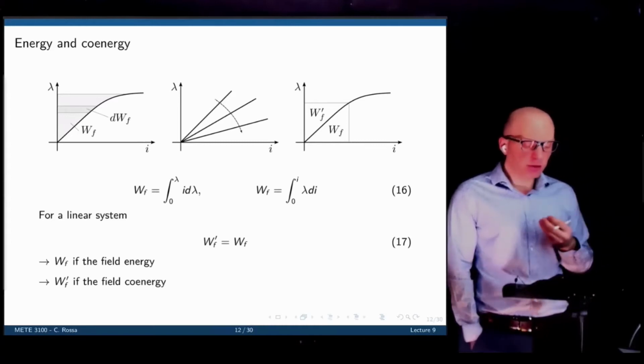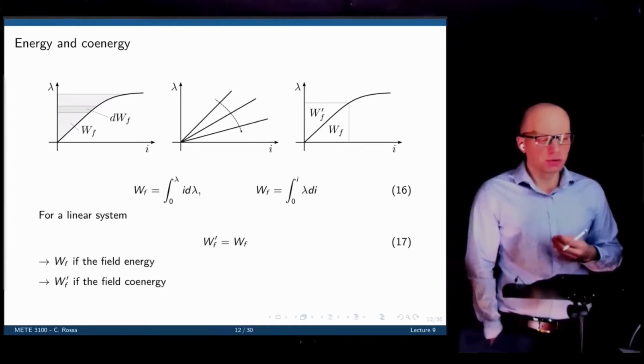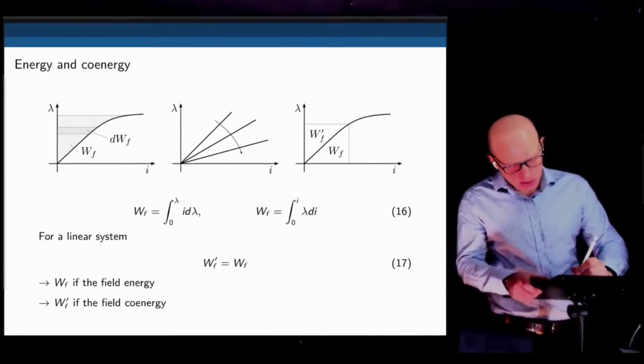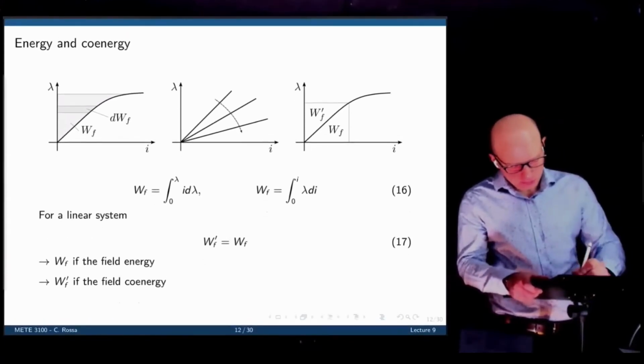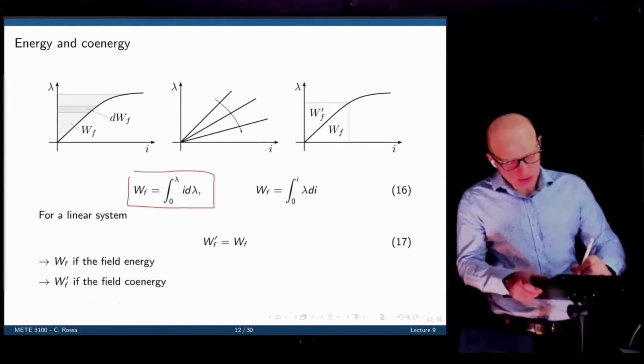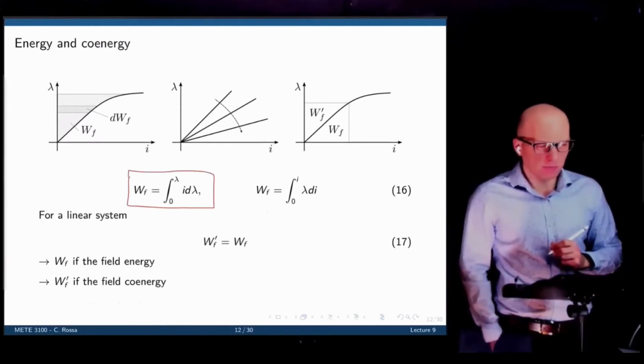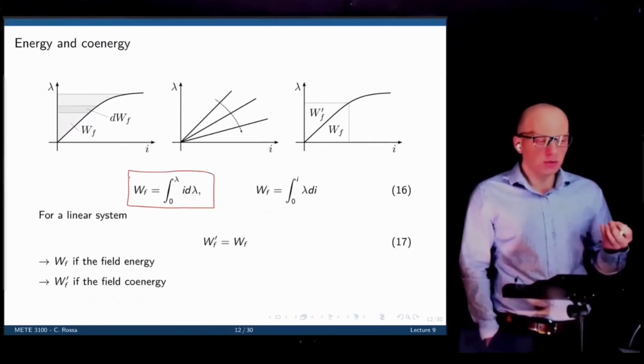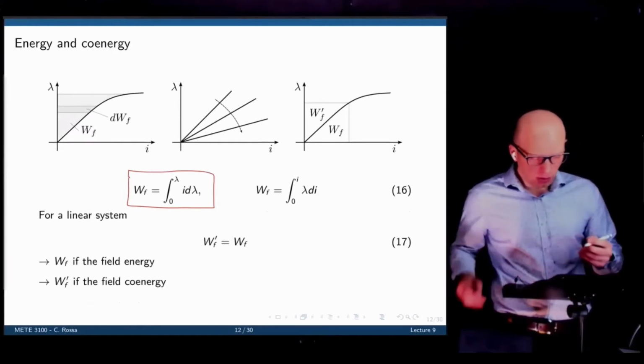We now have to define the principles of energy and co-energy. We saw that the field energy was defined as the integral of I d lambda, the integral of I times the derivative of the flux linkage from 0 to the flux linkage itself. If we now plot these as a 2D graph, that's what we get.